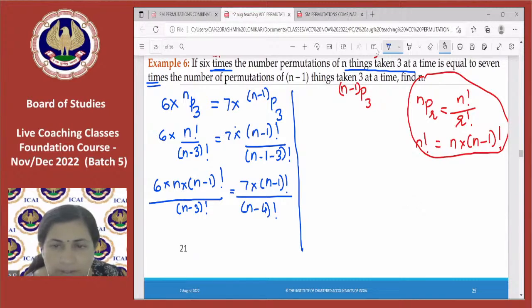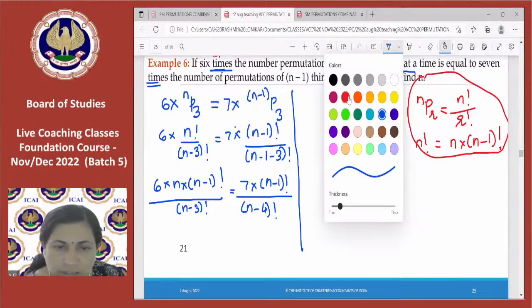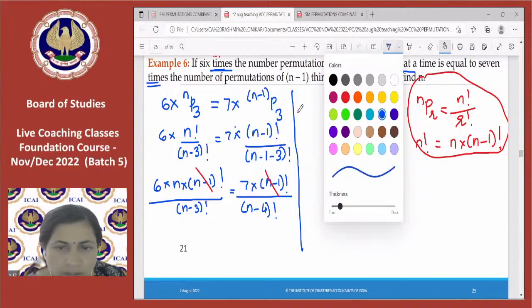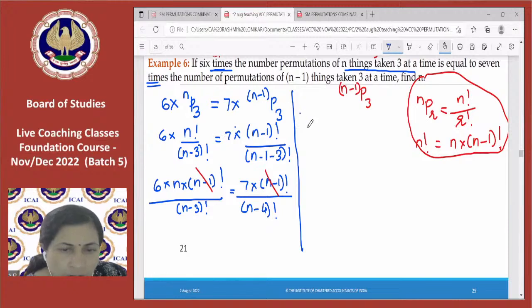Now (n minus 1) factorial will cancel with (n minus 1) factorial, so I have 6n in the numerator.